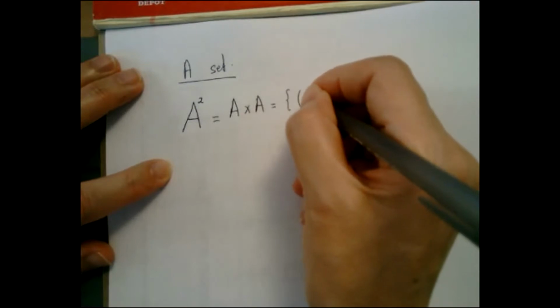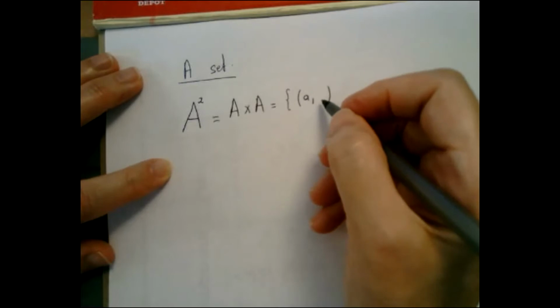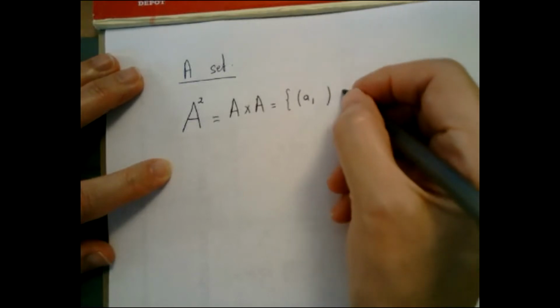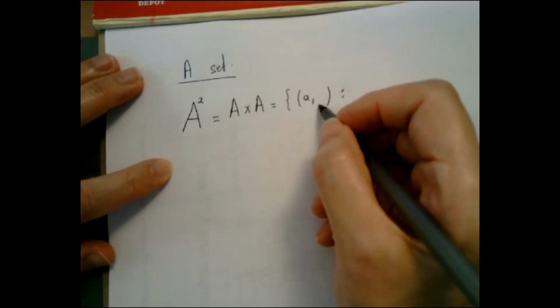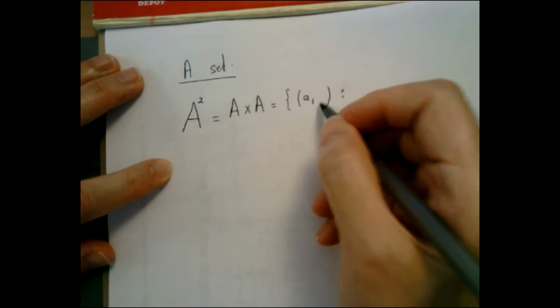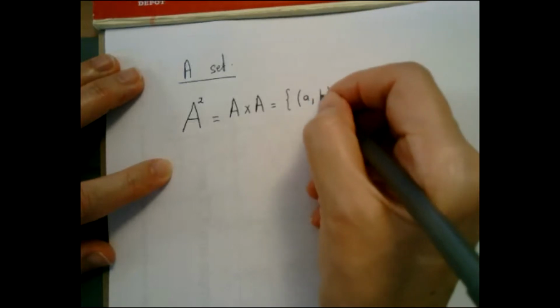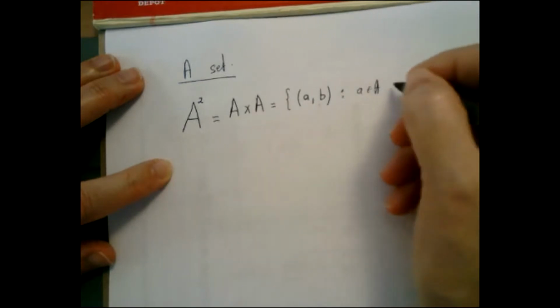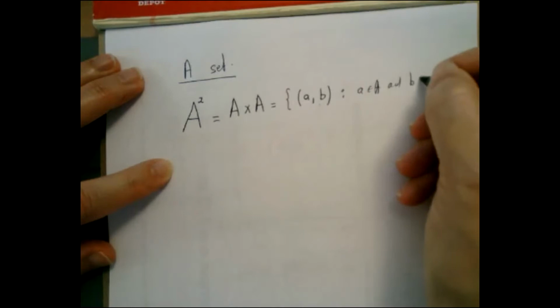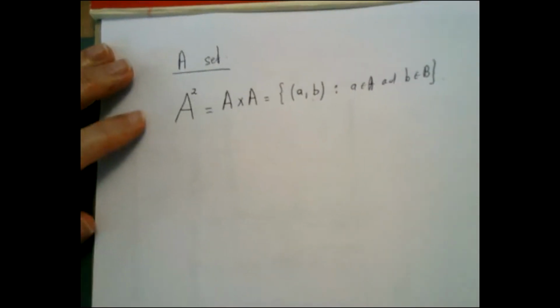All the elements have to form a, what should I write here? I want to write it in set builder notation. What should I put here? Don't be afraid. (a, b) such that a in A and b in A. So A squared is nothing more than A cross A.